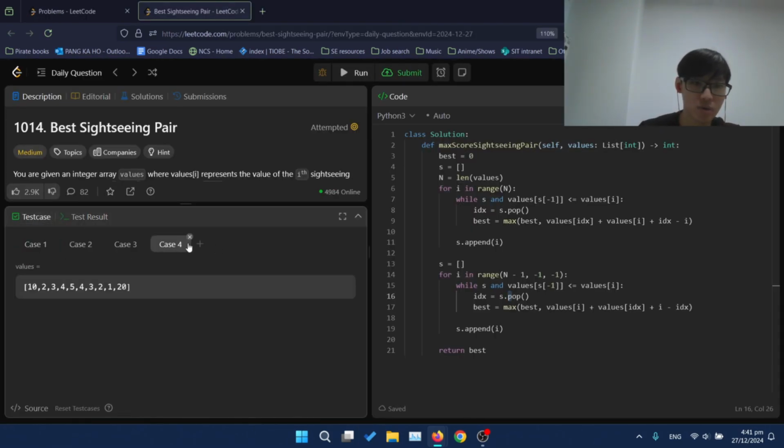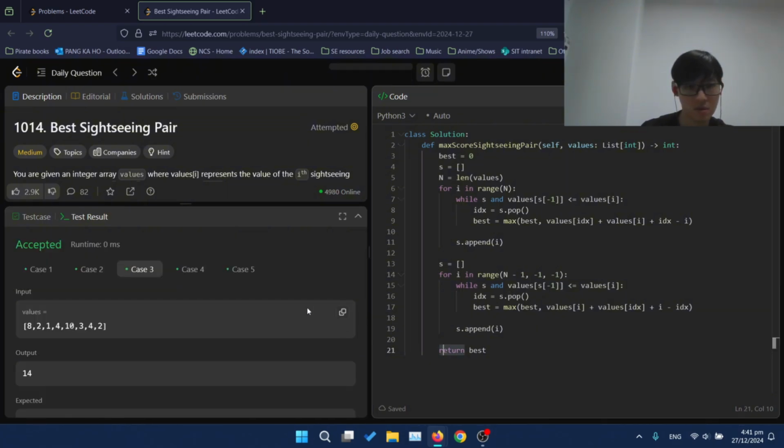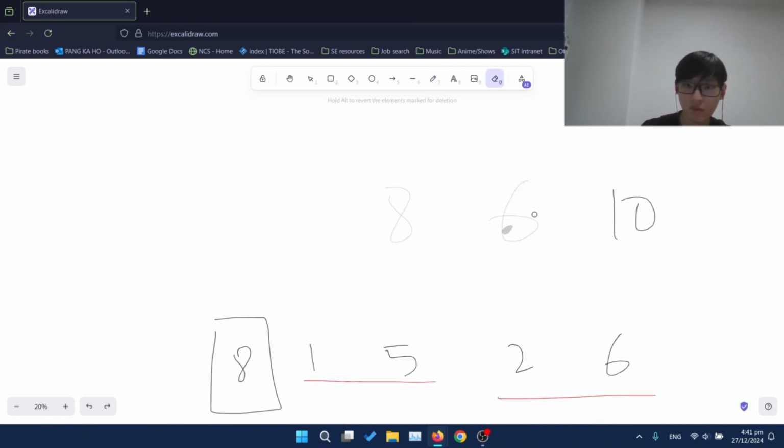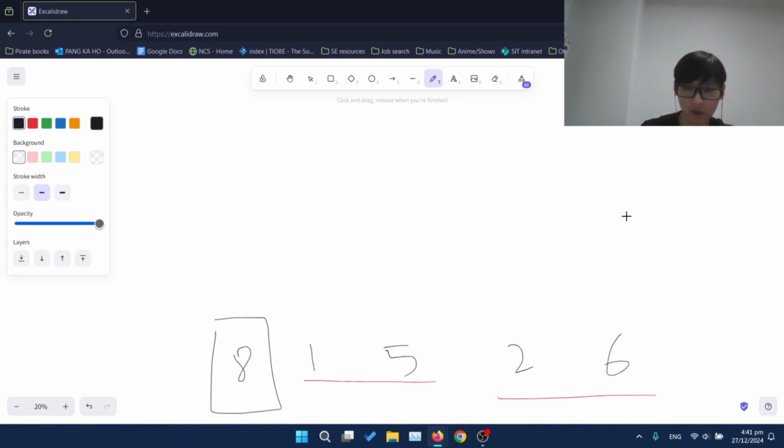What if they're all equal? Let's do 6 and 4, 4, 4, 4. Okay, that also passes. Fair enough. What if they are one off? So if this is 9, this is 8, and this is 7, let's do this case.